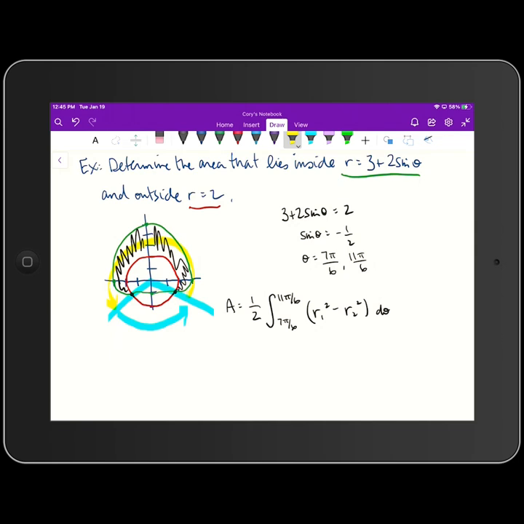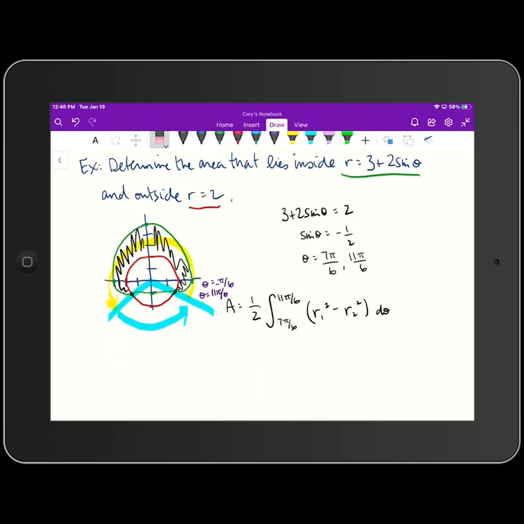So I want you to take a few seconds and think about how you can work your way around that problem. How can we change our limits of integration so that the correct area is swept out? The way that we can do that is if instead of writing this angle as 11 pi over 6, we wrote it instead as negative pi over 6.